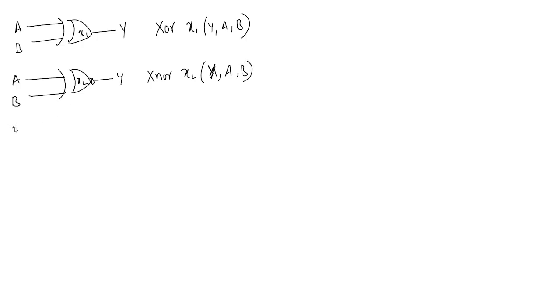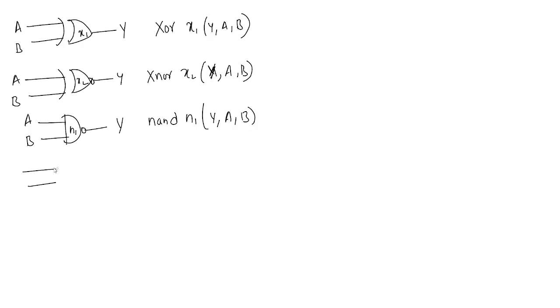Next, the NAND gate. How to write the NAND gate? This is the NAND gate with inputs A B and output Y. Let us take the instance as N1: nand N1 (Y, A, B).